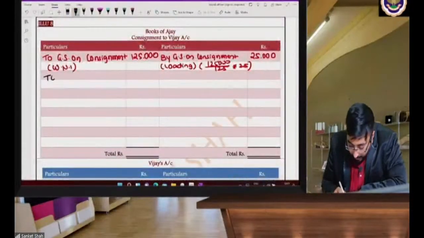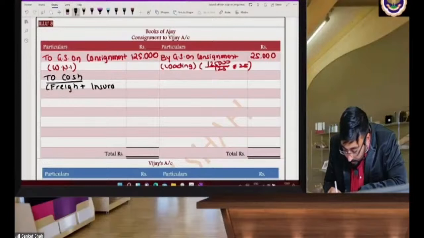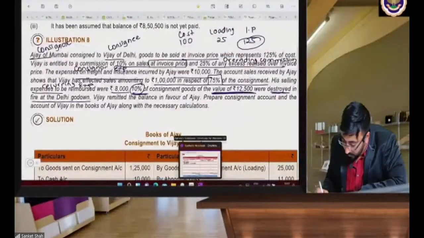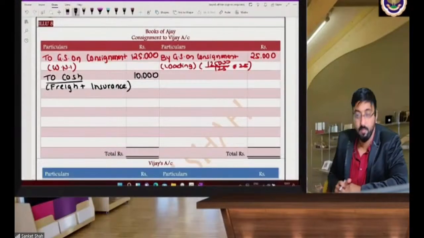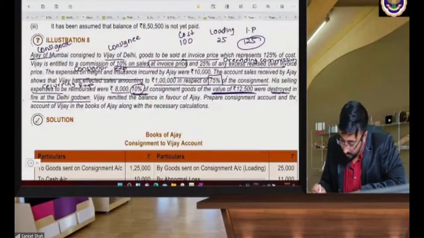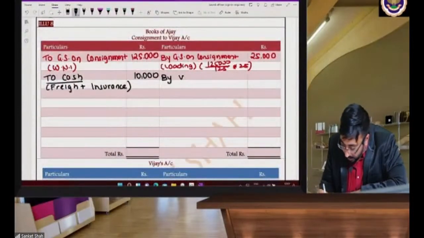Expenses of freight and insurance. So to cash, freight plus insurance, consignor expenses. Freight plus insurance, 10,000. Next one, account sales. So by Vijay, it's your income.